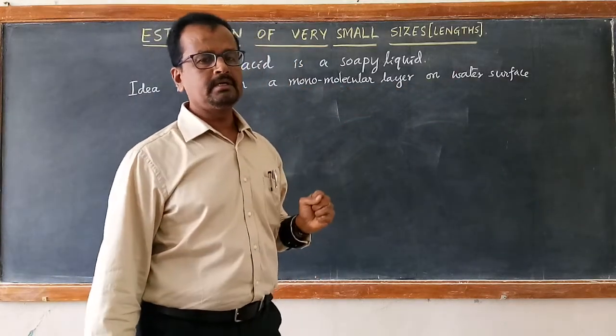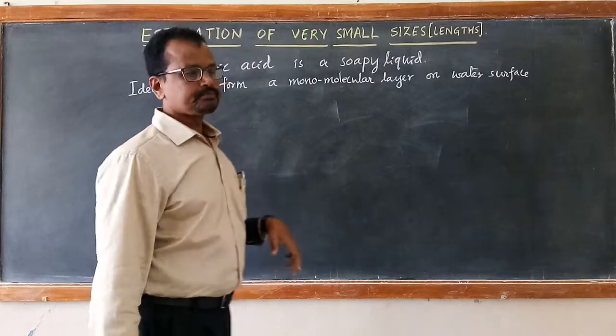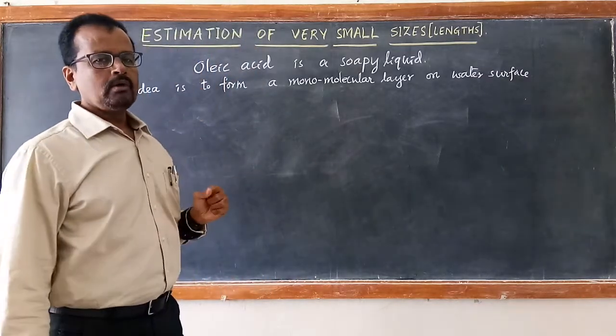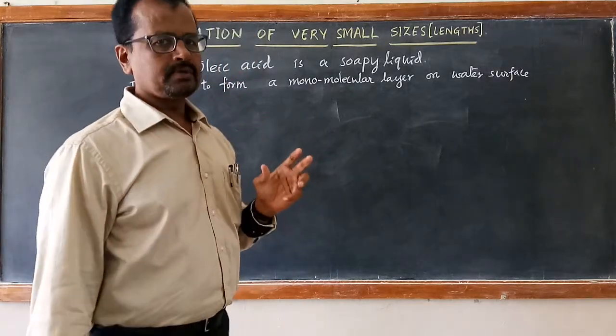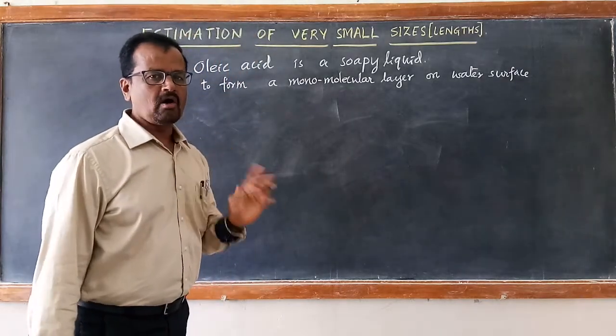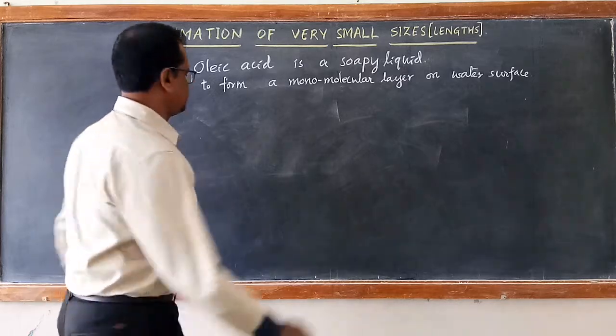How is it formed? Listen it carefully. First we take 1 centimeter cube of oleic acid solution. First we take 1 cc of oleic acid.